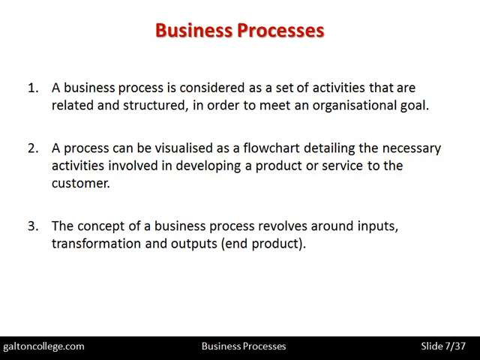The concept of a business process revolves around inputs, the transformation of the inputs, and outputs, which is, if you like, the end product. We're going to take this very simple concept, point 3, and look at inputs, the transformation of the inputs into outputs. And that's going to be our very basic system.